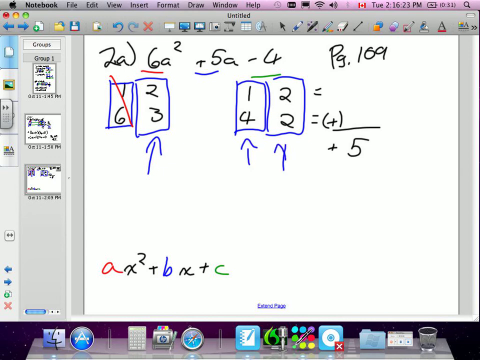So same idea again. 1 times 2, 3 times 4. That gives us 2 and 12. No. Let's go diagonally. 2 times 4, 3 and 1. That gives us 8 and 3. Does any combination of 3 and 8 make 5? How would I do it?